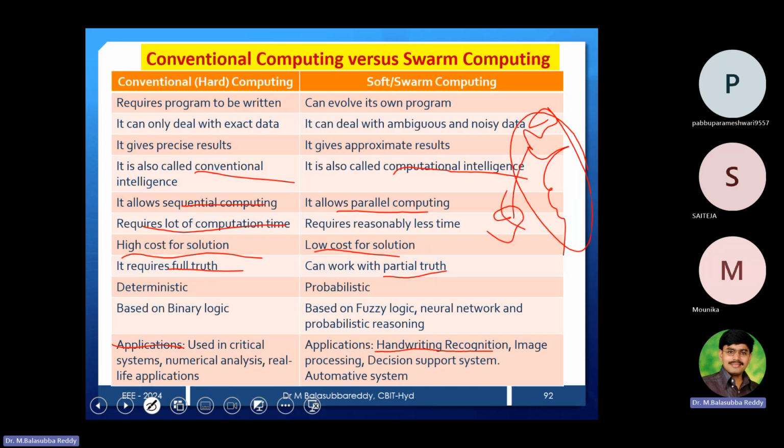So handwriting is going to be identified. Another is image processing, decision support systems, and automation systems. For all these kinds of applications, we use soft computing techniques.